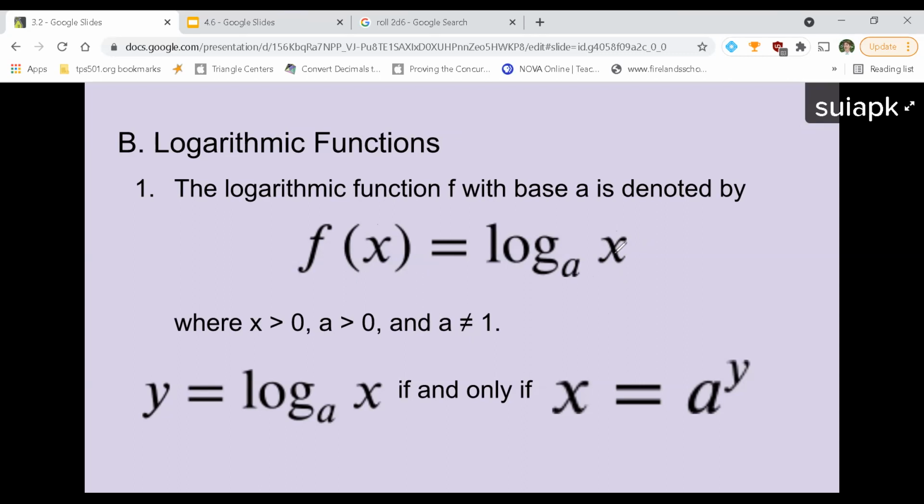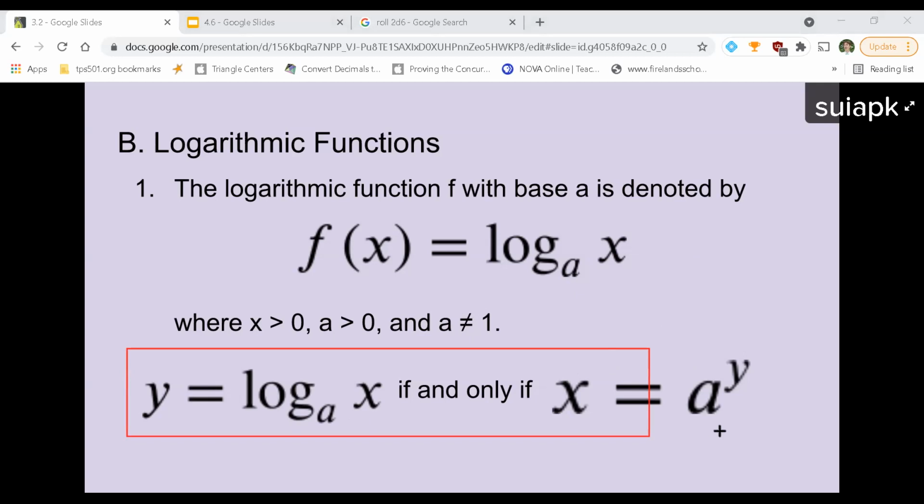You have some positive number x. What this means, y, your output, will be the log base a of x, if and only if x is equal to a to the y power. That's the most important thing you will ever write down in your entire life. That right there.